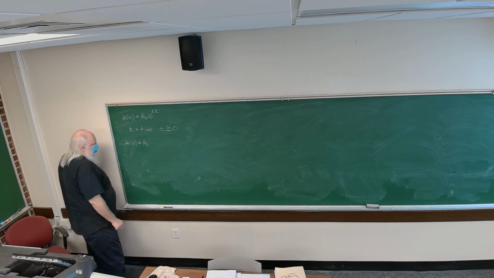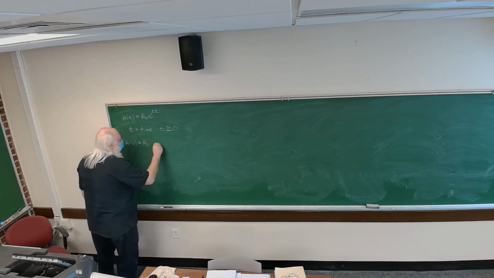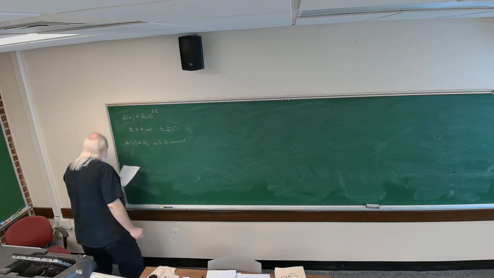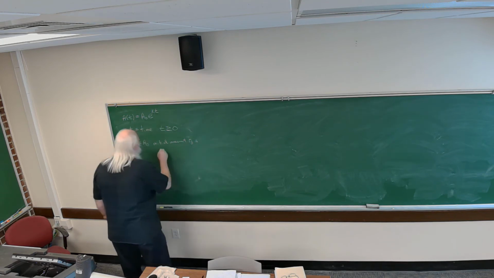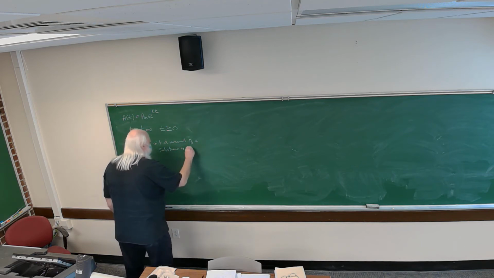So the amount of the substance at time 0 is this constant A sub 0, and that's the initial amount of a substance or population.